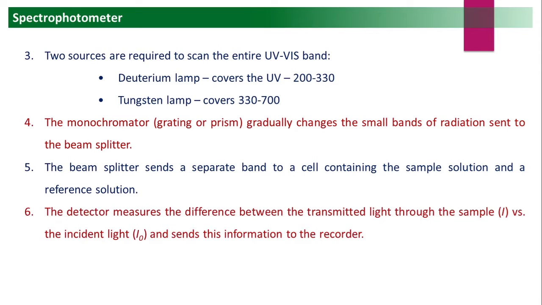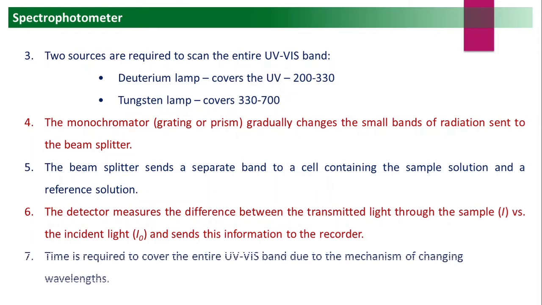Then the detector measures the difference between the transmitted light through the sample, that is I, versus the incident light, that is I0, and sends this information to the recorder. Time is required to cover the entire UV visible band due to the mechanism of changing the wavelengths, so it takes some more time.